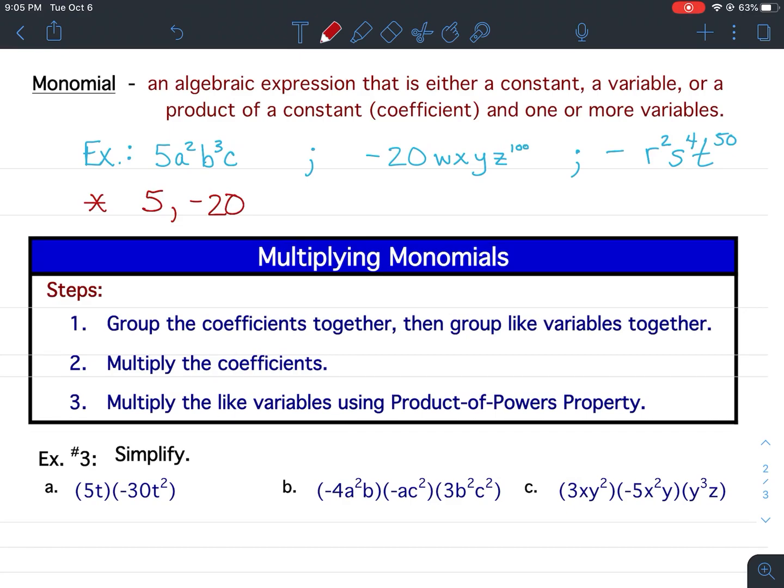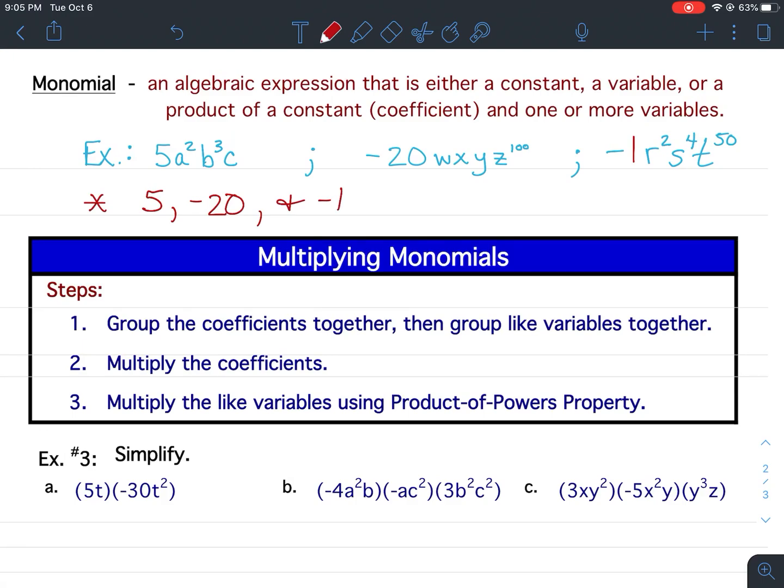Well, look at the last monomial. The last monomial doesn't have a number out front. It does have a negative sign, but it doesn't have a number. Well, we've talked about this before. When you don't see a number, that number would be 1. So the coefficient of the last monomial would be negative 1.